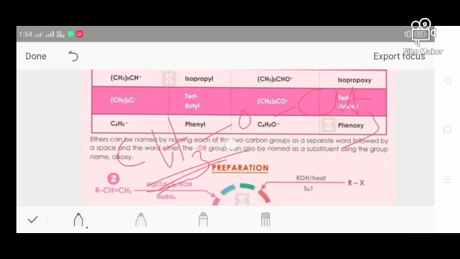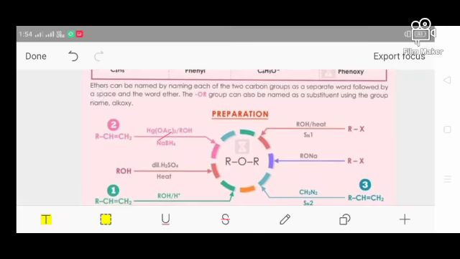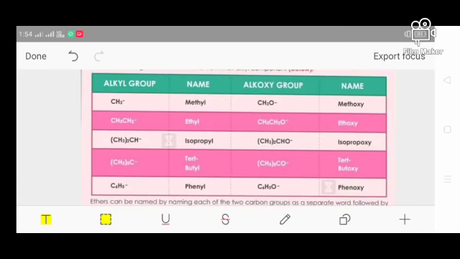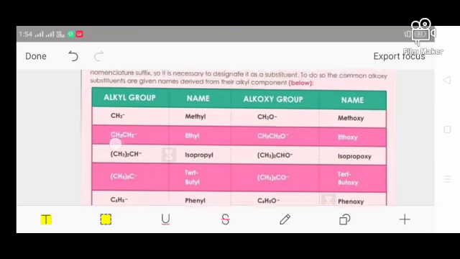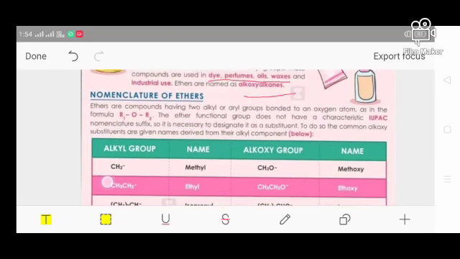What is the first one? This is the first one having the alkoxy group, after that this is the alkane group. While we are naming the ether, we have to keep in mind that we first choose the alkoxy group, after that the alkyl group. So the name is alkoxyalkane.